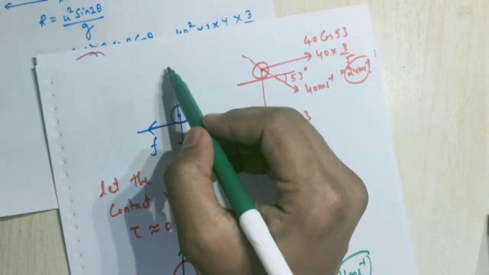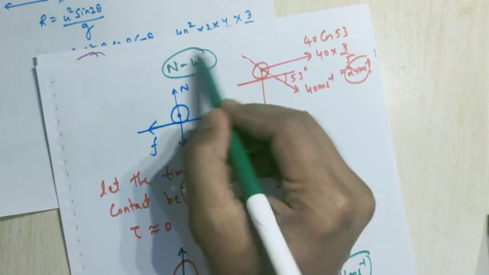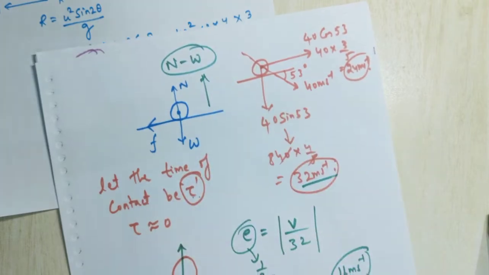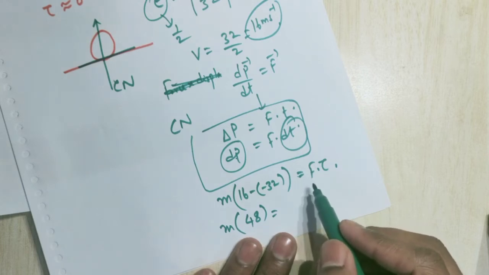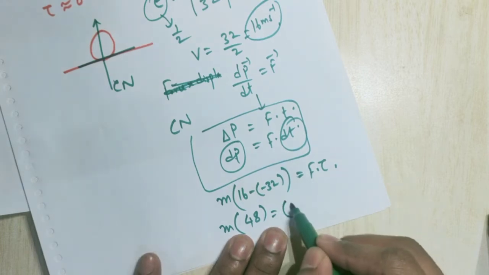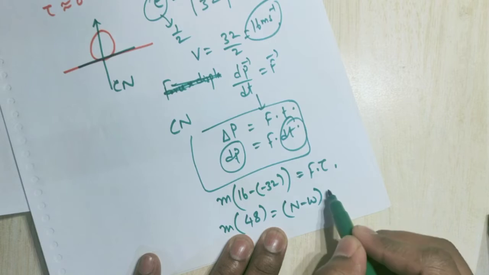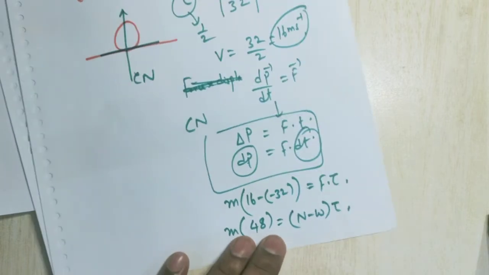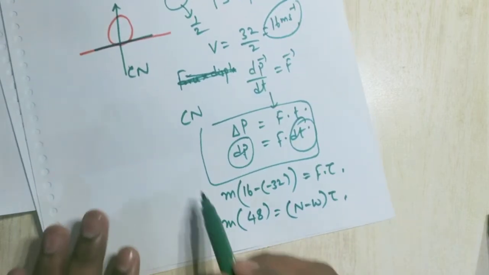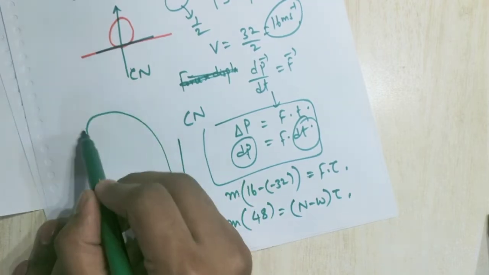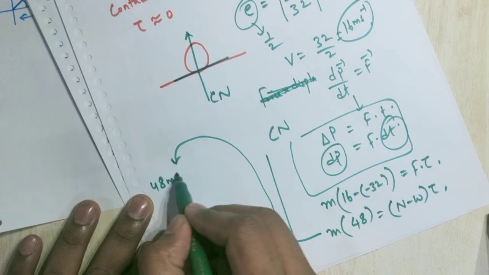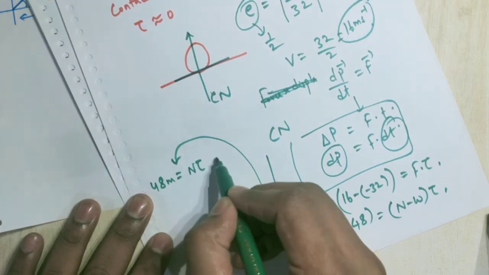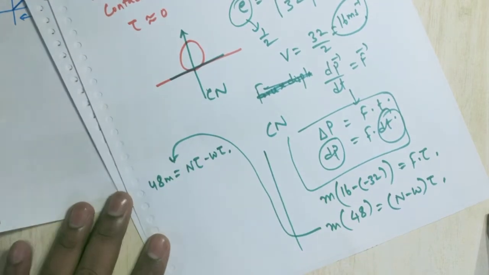Net force acting in the upward direction would be N minus W. So net impulse in the upward direction would be N minus W into tau. Continuing here, you can write 48m is equal to N tau minus W tau.